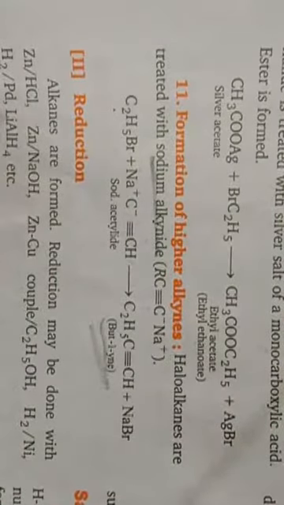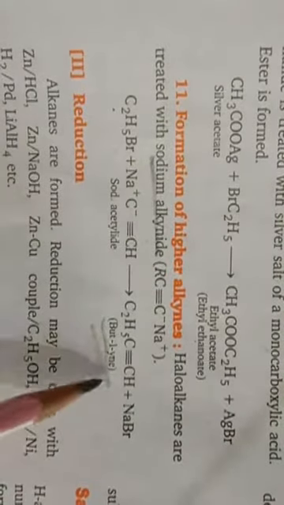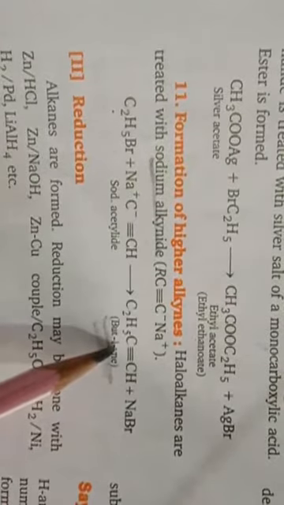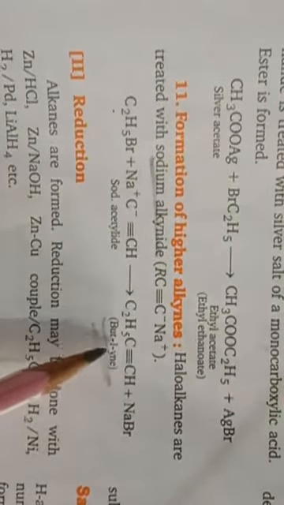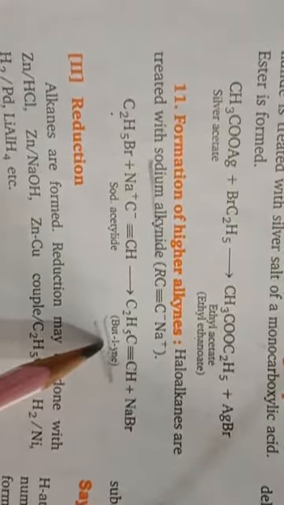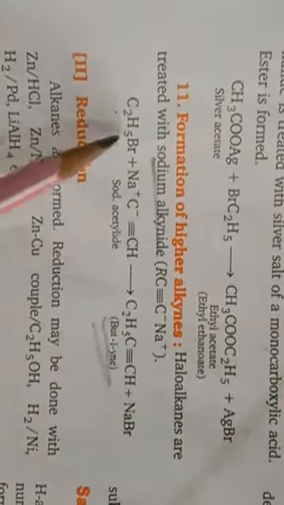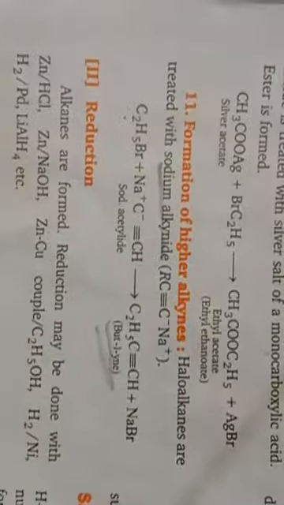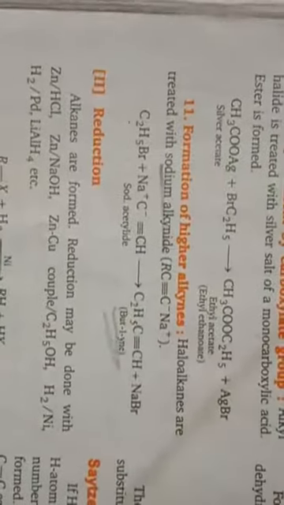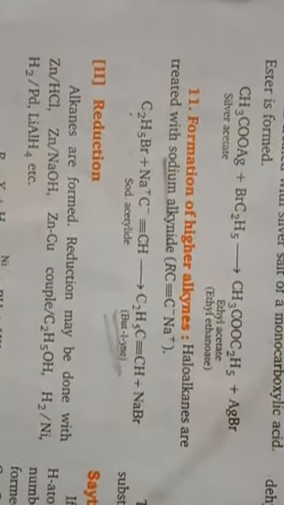And these alkynes can be converted into a related alkene by reduction or a related alkane by further reduction. So this reaction is very important for different types of conversions.